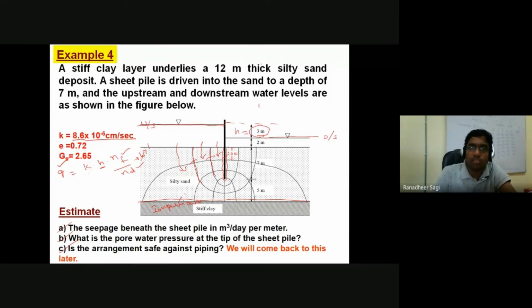If 4 flow lines are there, the number of flow paths is 4 minus 1, which is equal to 3. And the number of potential drops? For that, first let me count the number of equipotential lines.